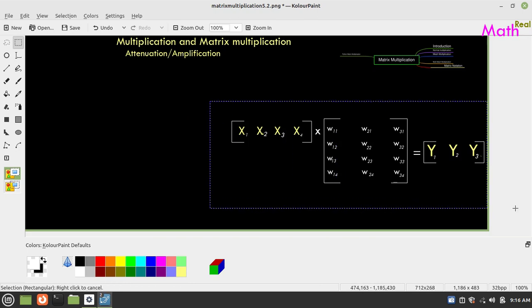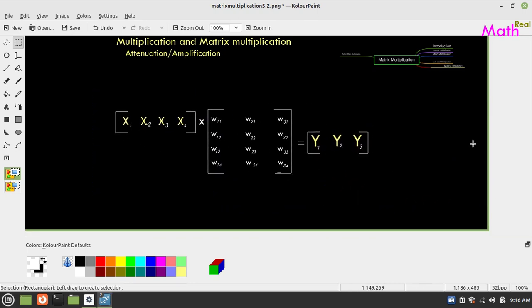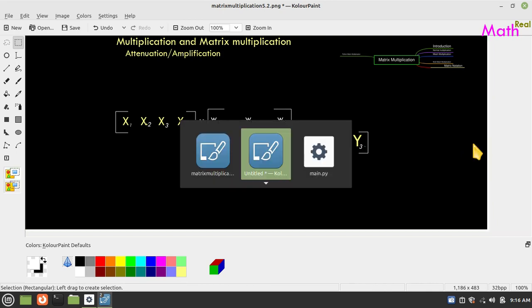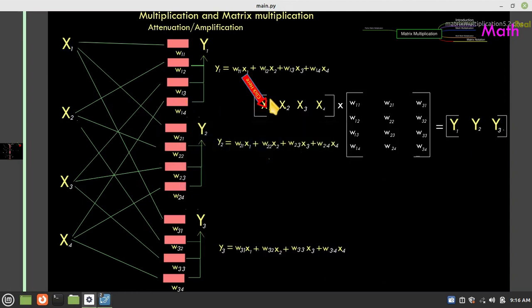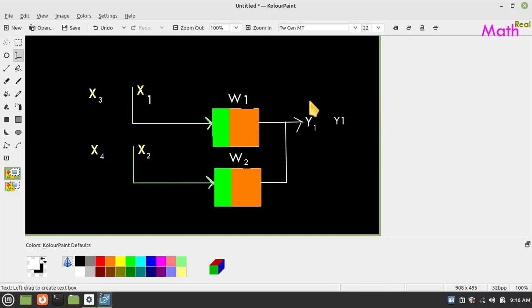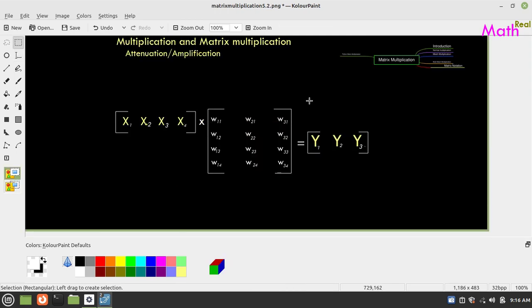And simply this notation would come. So that is matrix. I had x1, x2, x3, x4, such a complex structure, three times different weights and then three outputs. It can be represented simply like this.